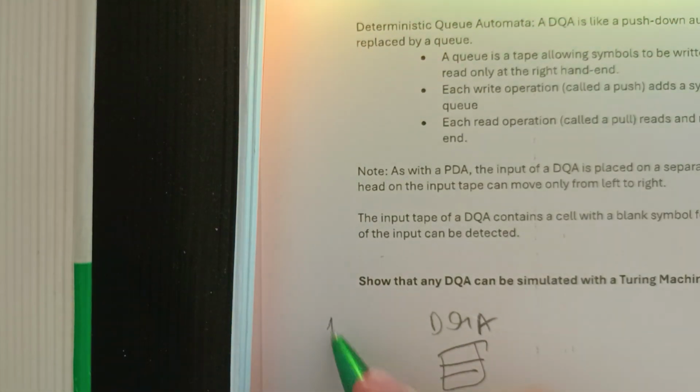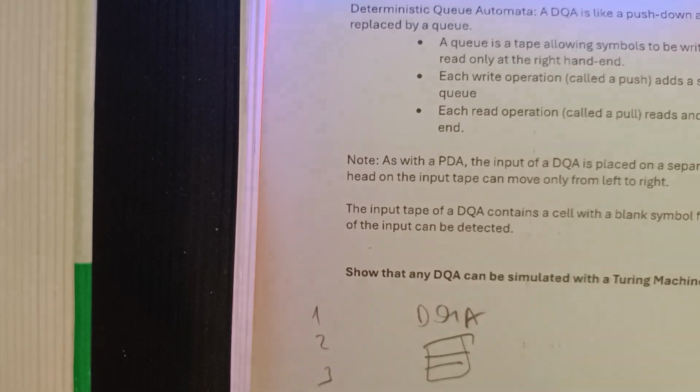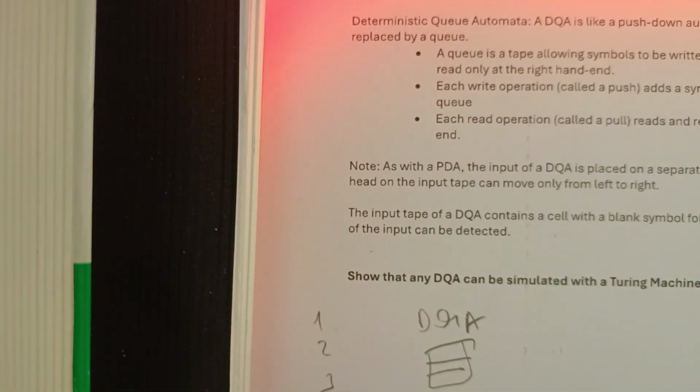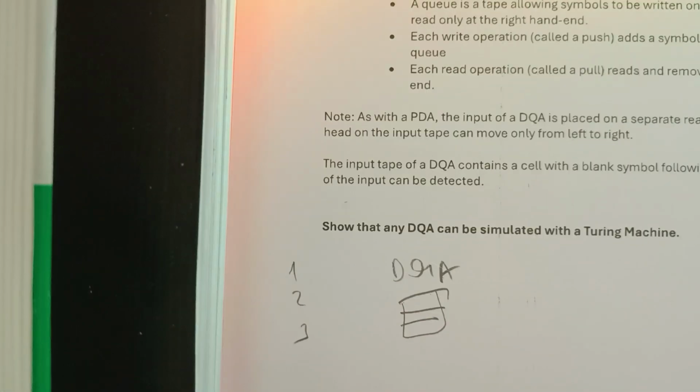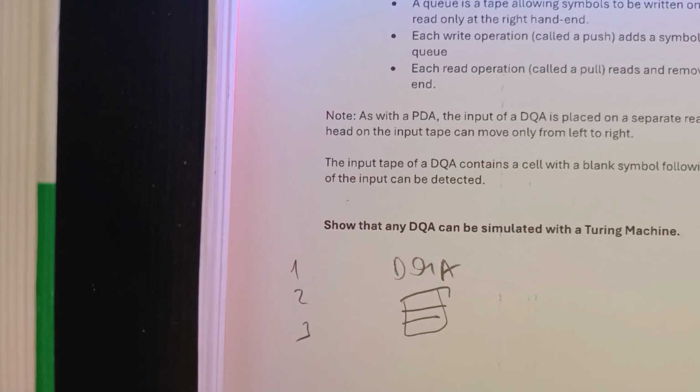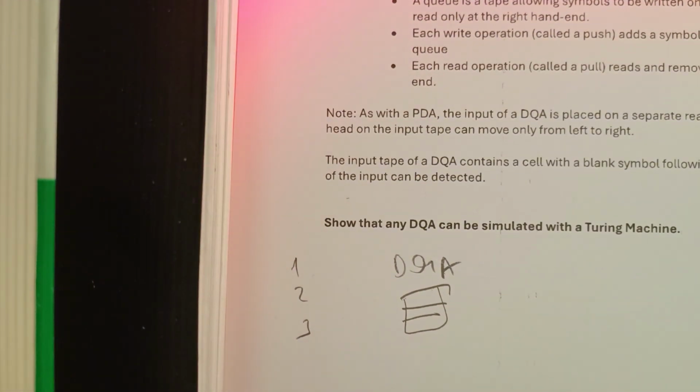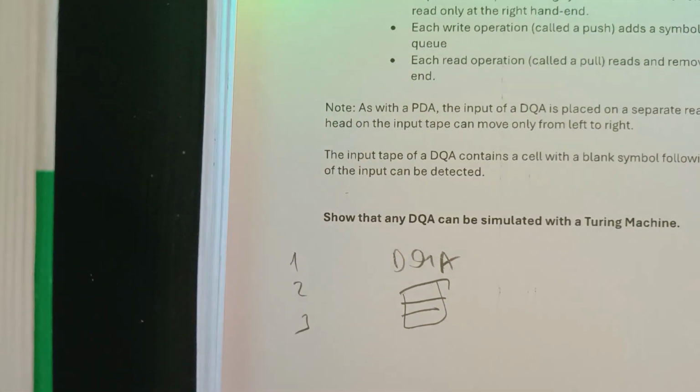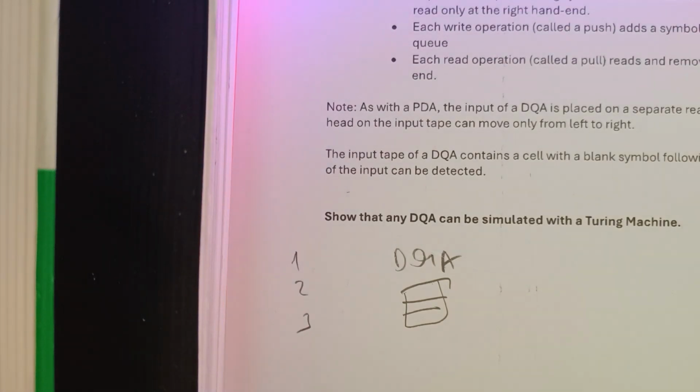Okay, 1, 2, 3. Therefore, it decides to push a new symbol onto the left end of the queue, remove the symbol from the right end, or do neither.